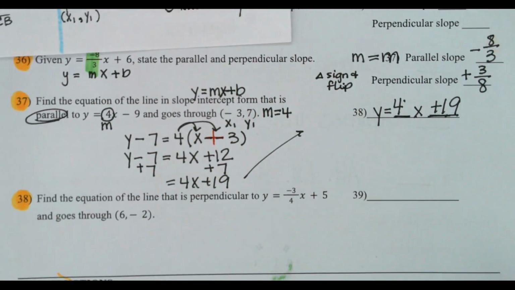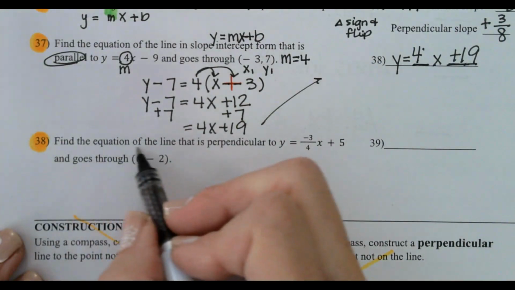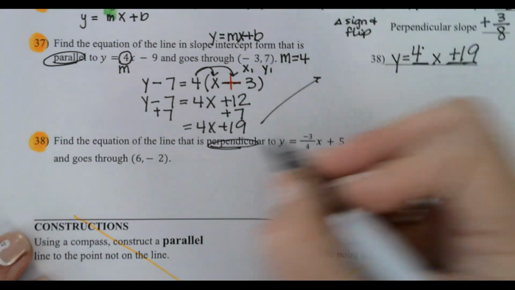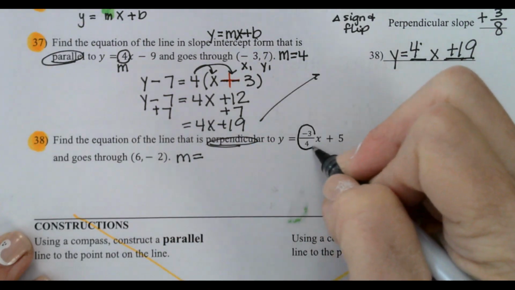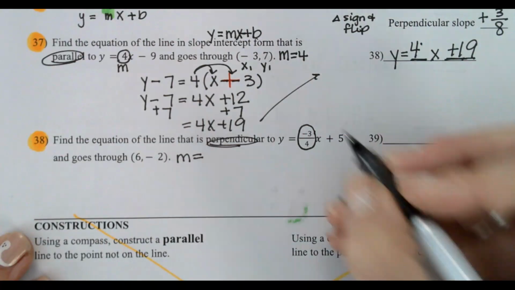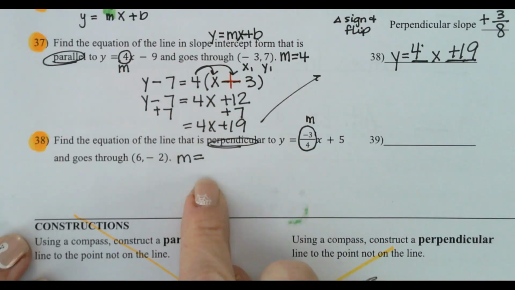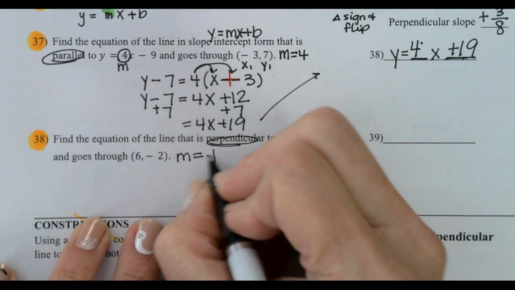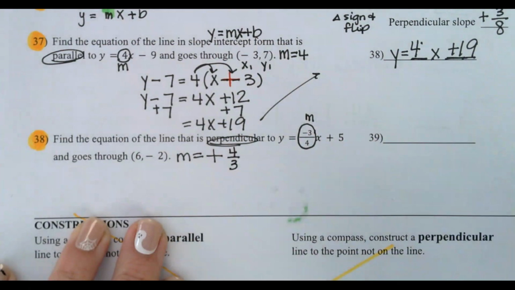Okay, our last one. Are you ready? Find the equation of the line that is perpendicular. Ooh. All right, I'm going to write m equals. This is my slope of my original line. Perpendicular slope, I have to change it and flip it. So instead of negative, it's going to be a positive, and instead of 3 over 4, it's going to be 4 over 3.